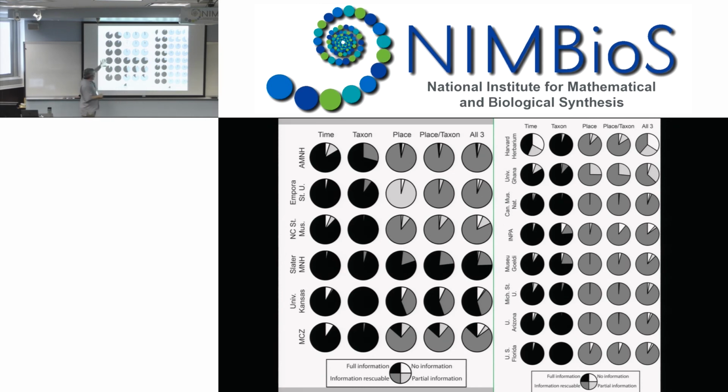And all I want you to see is that you see circles that are almost all black only for time and taxon, and almost never for place. That's that georeferencing challenge. But what you see is kind of a universal data leakage. And so, look at this niche modeling column.